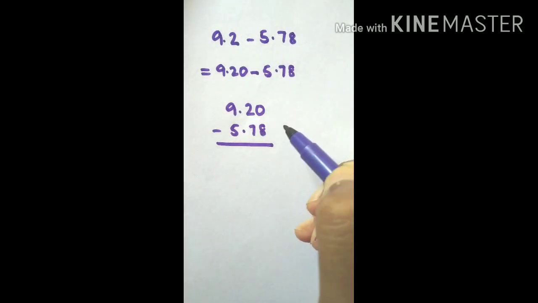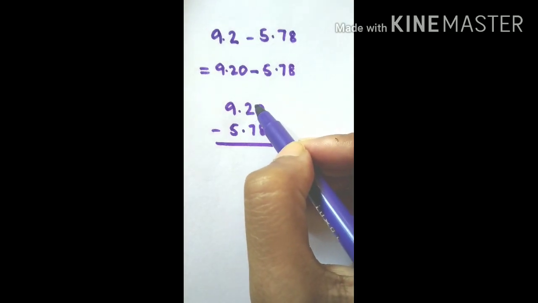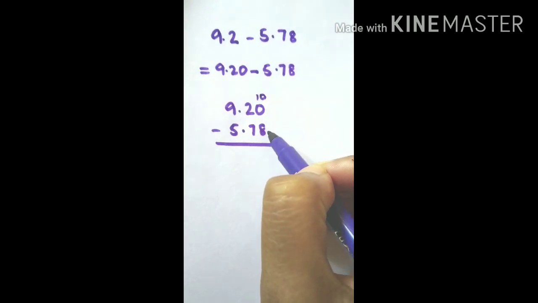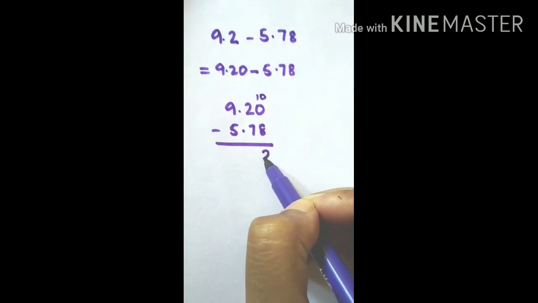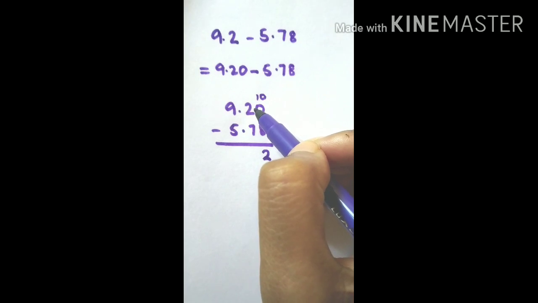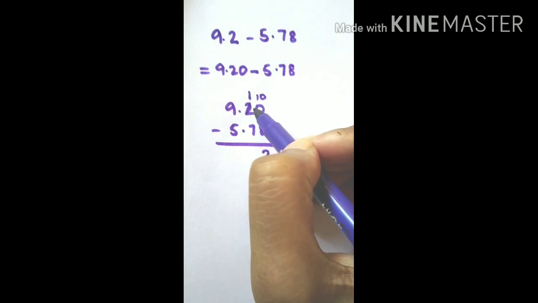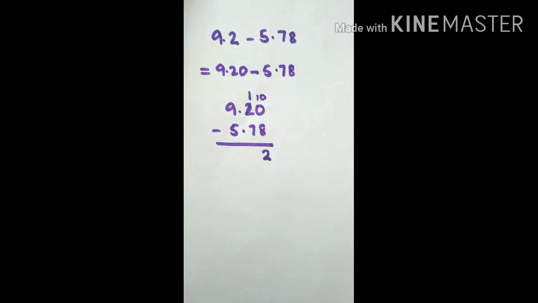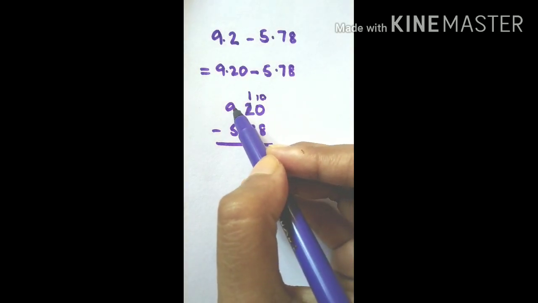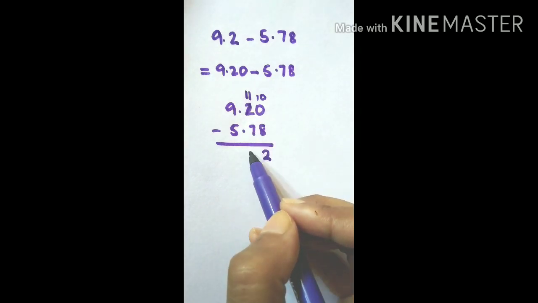Now students, since 8 cannot be subtracted from 0, we bring 1 from 2 and it becomes 10. So 10 minus 8 is 2. Now students, since we took 1 from 2, it becomes 1. Now students, since 7 cannot be subtracted from 1, we bring 1 from 9 and it becomes 11. 11 minus 7 is 4.